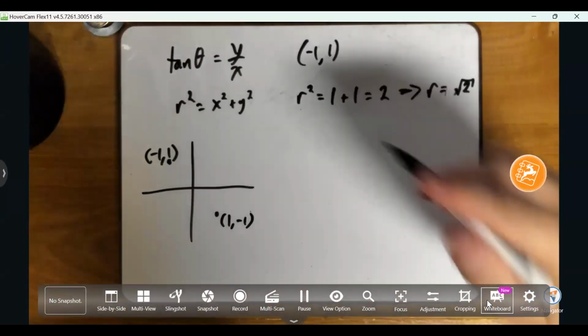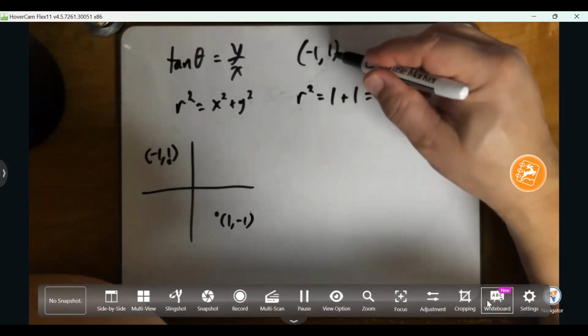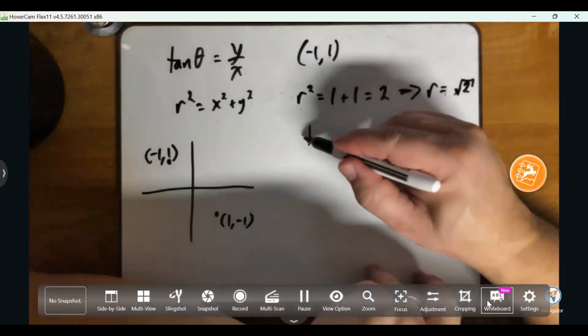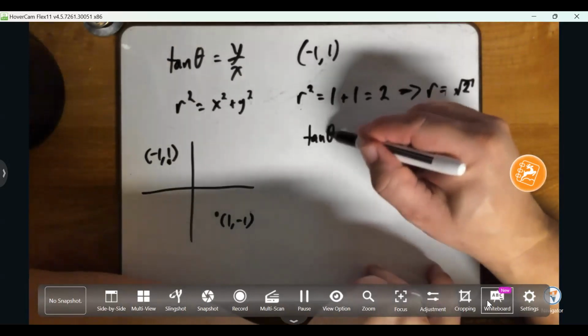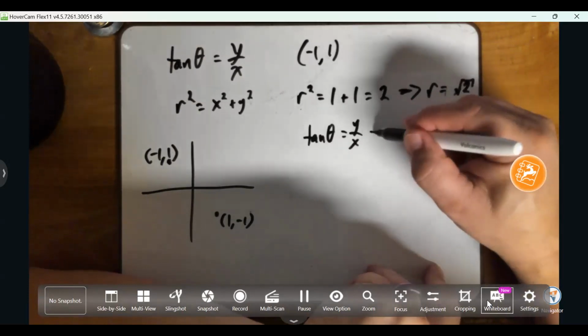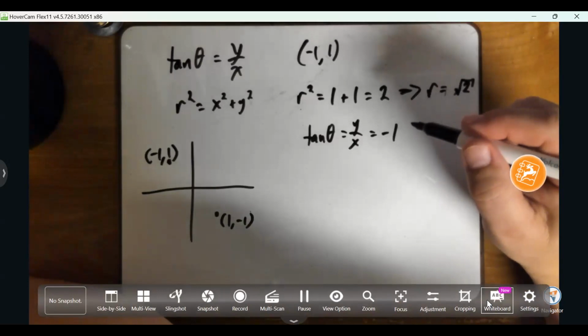R is going to be the same. It's minus 1 squared, that's 1, plus 1 squared is 1, that's 2. R is still going to be the square root of 2. But now for theta, we get tangent of theta is going to be y over x again, and that's still going to be minus 1 in this case.